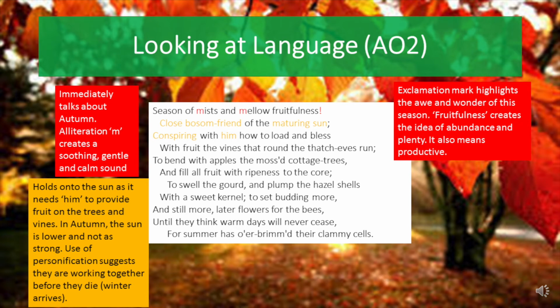So autumn relies on the maturing sun, because don't forget summer's come to an end, to help produce that fruit. In autumn as well, the sun is actually lower and it's not as strong, so it also needs autumn, because autumn is slightly warmer. The use of personification suggests that they're working together. So they're conspiring with each other before they both die and winter arrives.